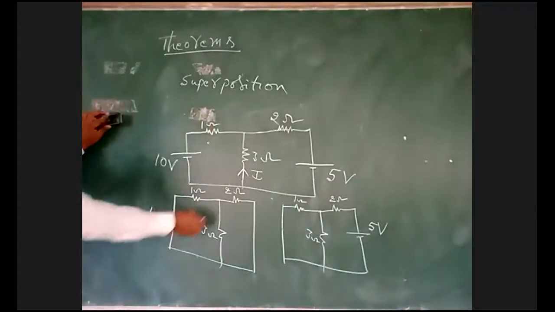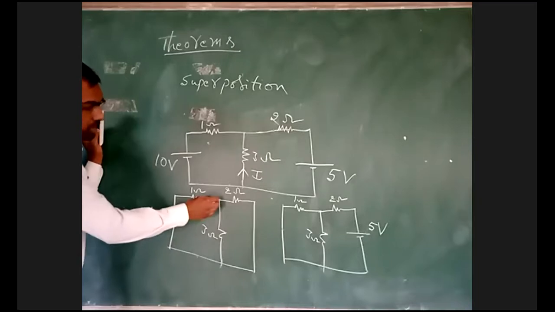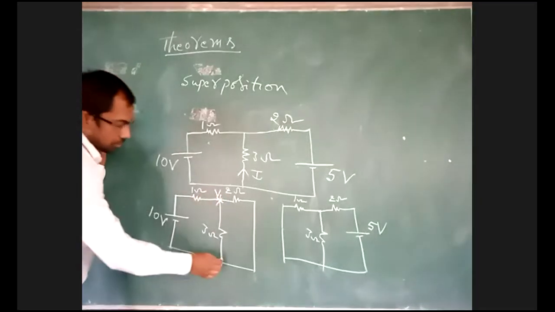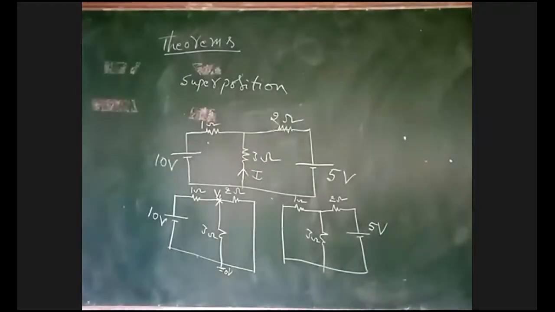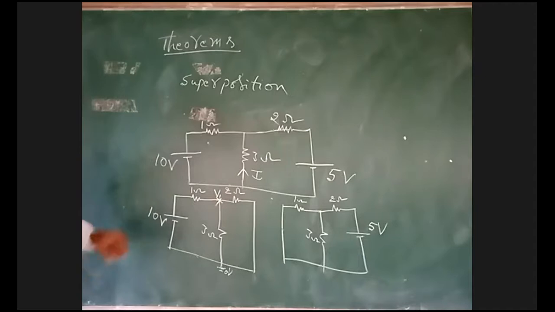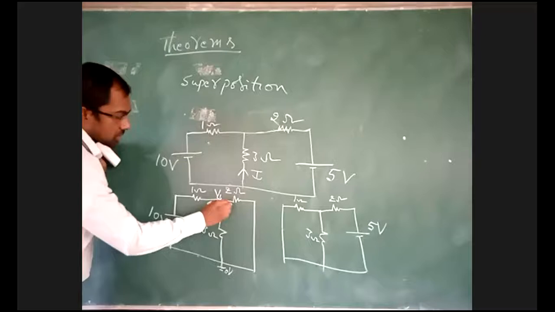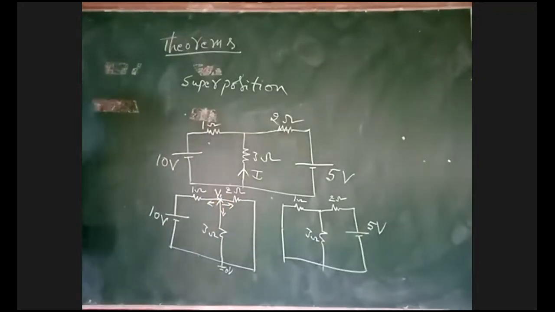Okay. See, here I am applying nodal analysis for this circuit. Only one node is there, and I am considering this as V1. For determining the node voltage, I assume all currents are leaving from the node point.